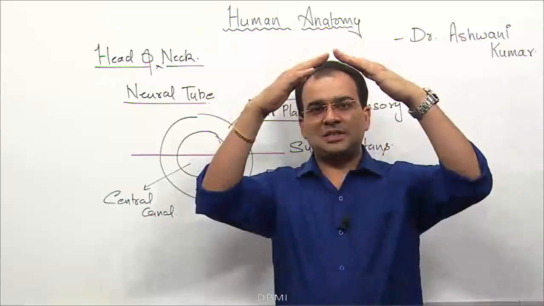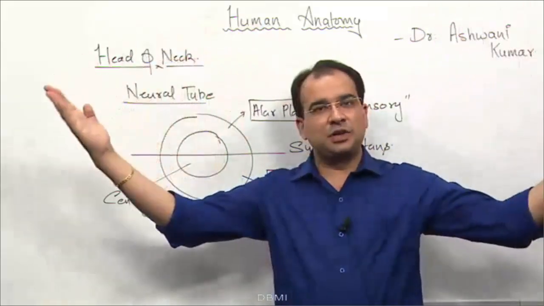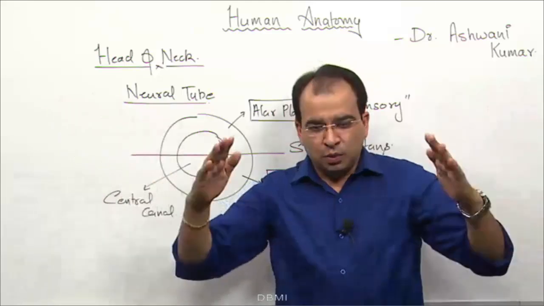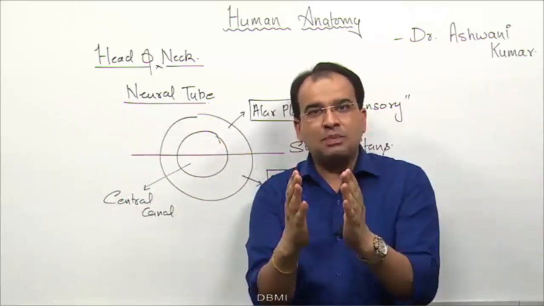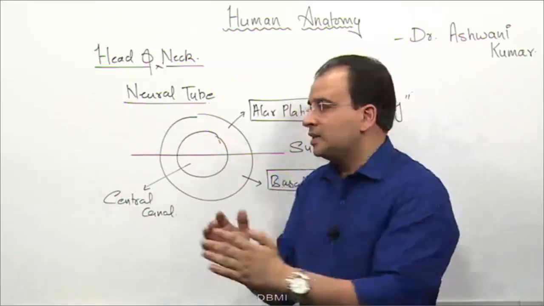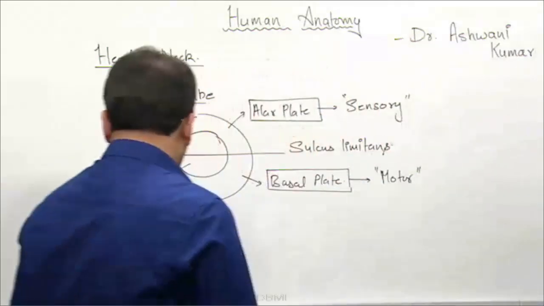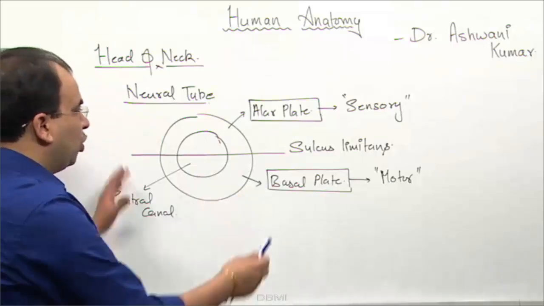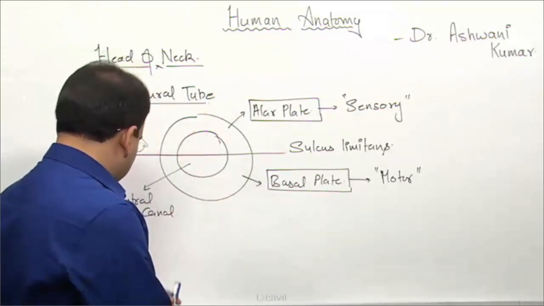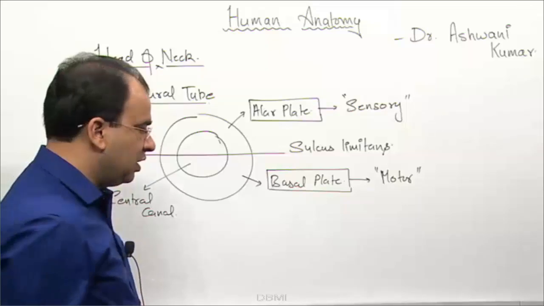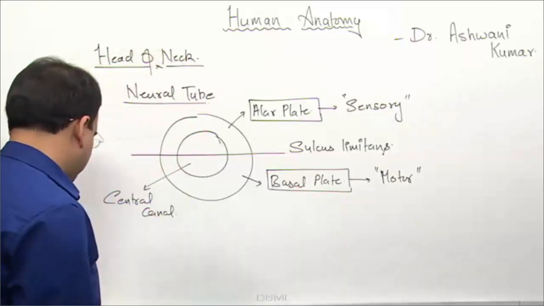Because all these sensory nuclei are shifted toward the lateral side, whereas motor nuclei are converged toward the medial side of the neural tube, and that is because of the opening of the neural tube. So let us discuss how this neural tube opens up, and then we'll look at the cranial nerve nuclei present in them.